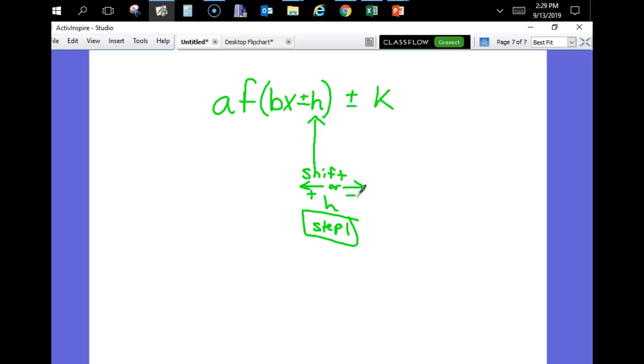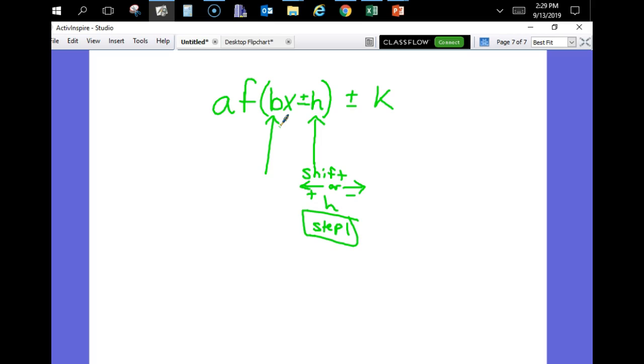Okay? The next thing you're going to do is, what does that guy do? That's our second step. Oh, divide. It divides the x's by, in this case, b, right?